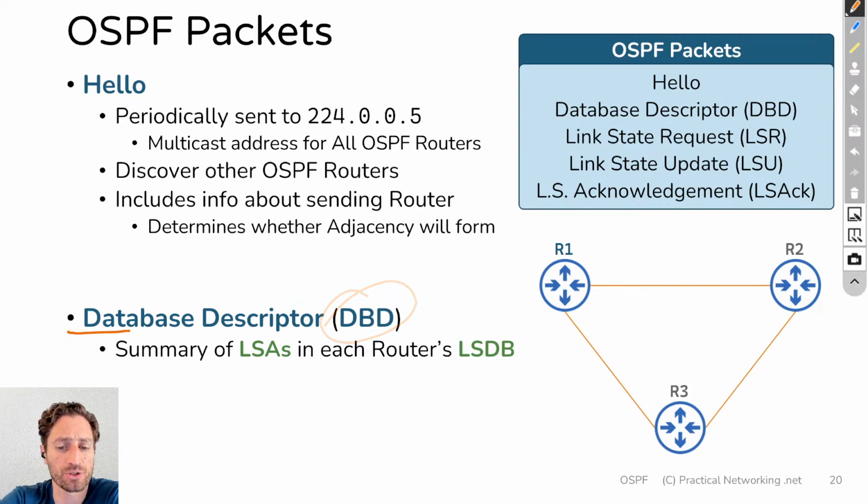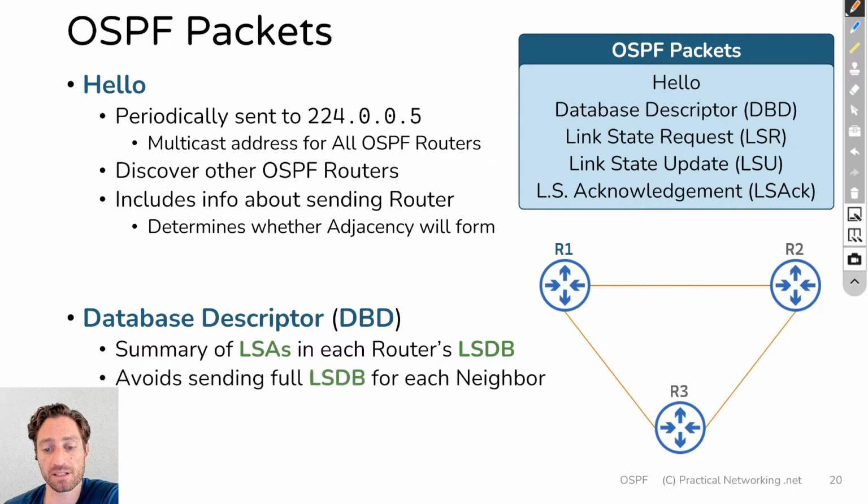It's also sometimes referred to as just a DD packet, but either way, it's sending a summary of the link state database. Now, I will mention there is another purpose for the database descriptor packet, and that's involved in what's called the master-slave election, but we'll unpack that when we get into the neighbor adjacency process later on.